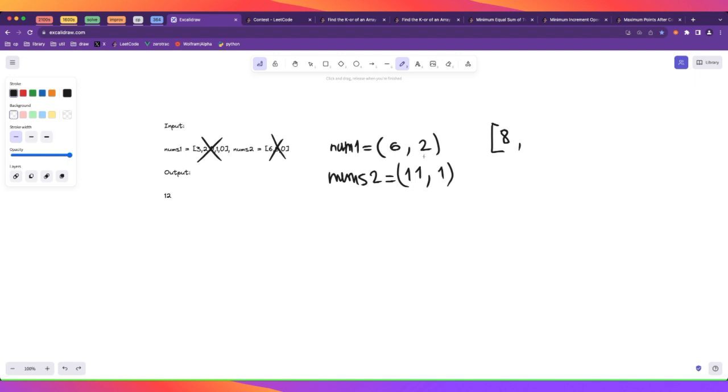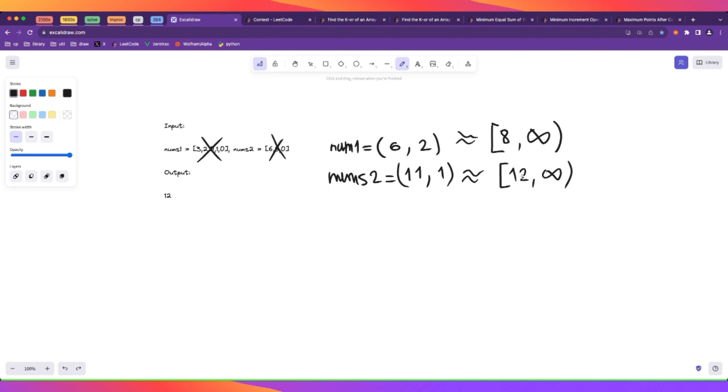And then the maximum is not limited. There is no limit. So this is a way to represent this. And here again you have 12, and there's no limit to the maximum.